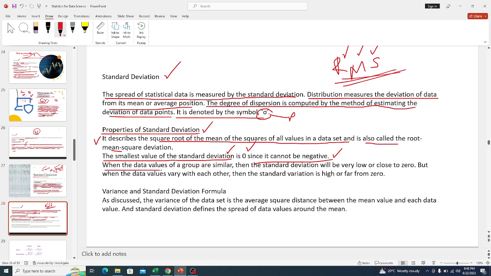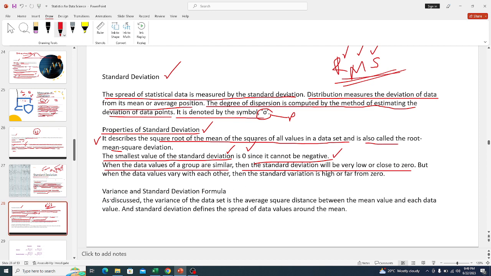When the data values of a group are similar, the standard deviation will be very low or close to 0, because we don't have major deviation within the data points of that group. But when the values vary from each other, the standard deviation will be high, or far away from 0.